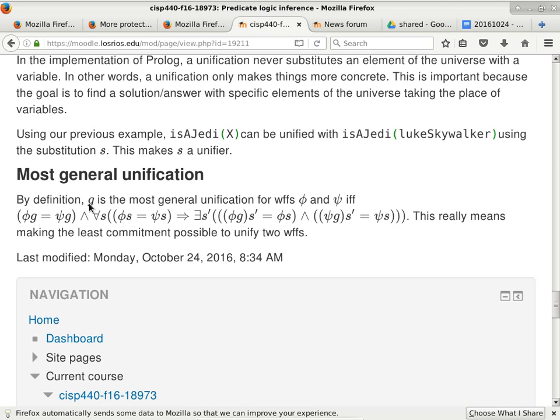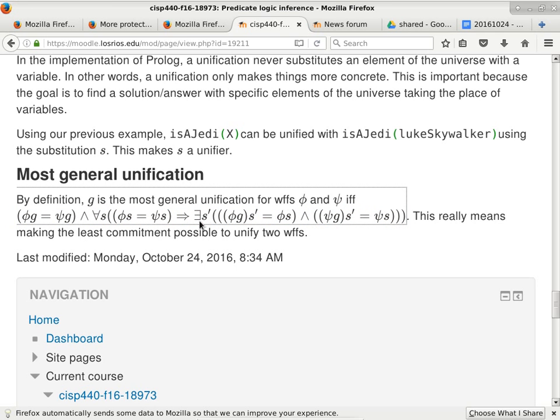So by definition, g, lowercase g, is the most general unification for well-formed formulae phi and psi if and only if the following is true. Okay, so what is the following? The following is this chunk of nonsense. It's nonsense when we first take a look at this, so we want to look at it as individual parts, and then we say, but what does it really mean?